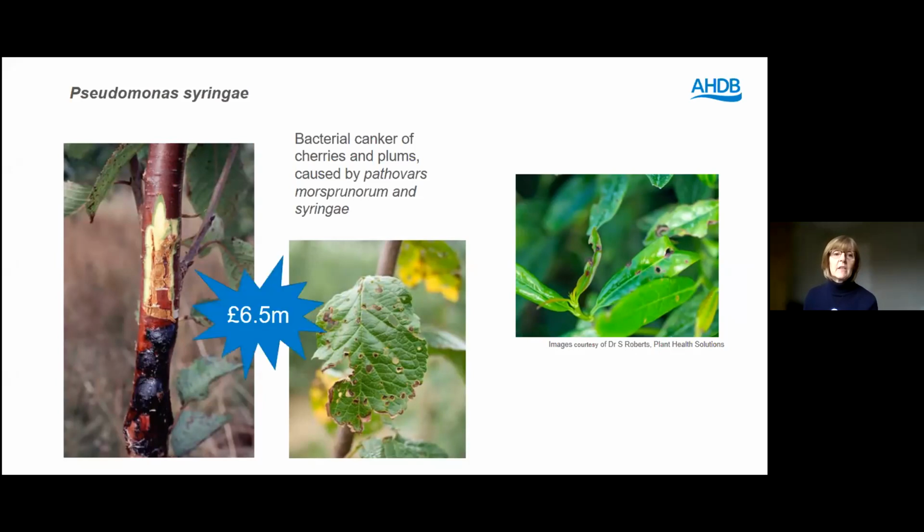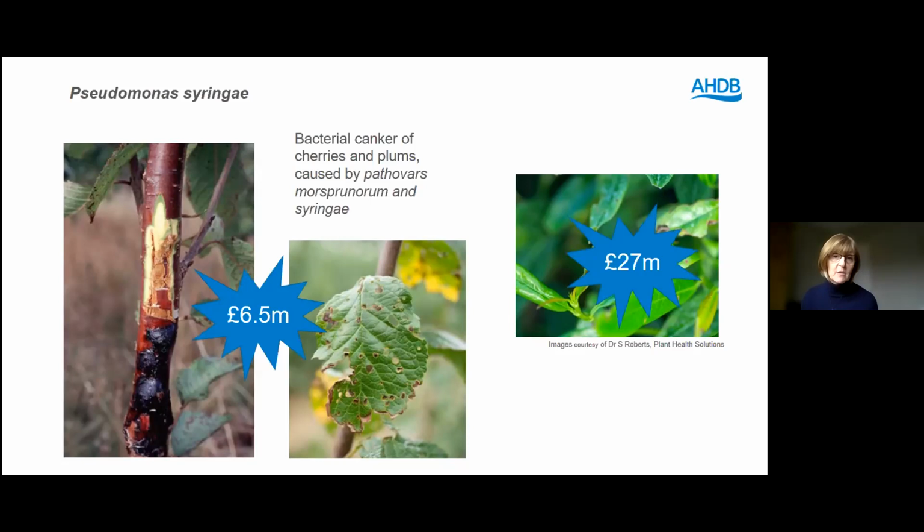So in the cherry crops, we're seeing about £6.5 million worth of loss. But in the ornamental crops, which obviously are quite high value crops as well, we're seeing £27 million worth of crop loss in those annually, which is really quite important.